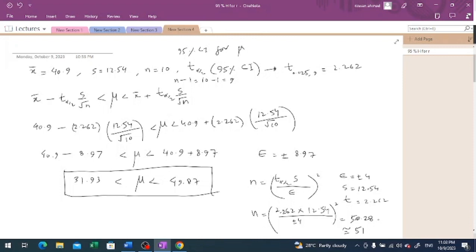So if the margin of error is to be reduced to 4, we need to have the sample size of 51 for the given value of standard deviation and at a given 95% CI.